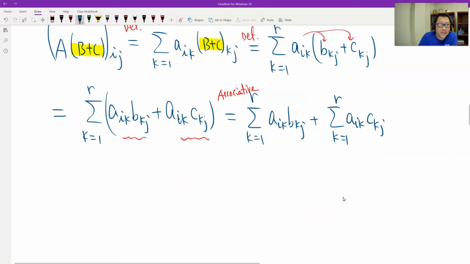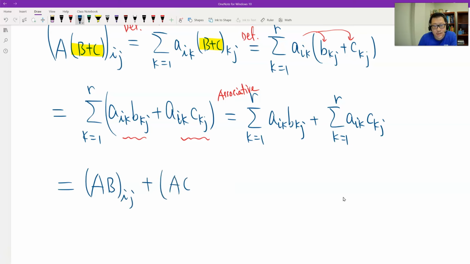So now the first term is easy. By matrix multiplication, it is A times B at the ith row and the jth column. And then the second is A times C at the ith row and the jth column again. This is the definition.